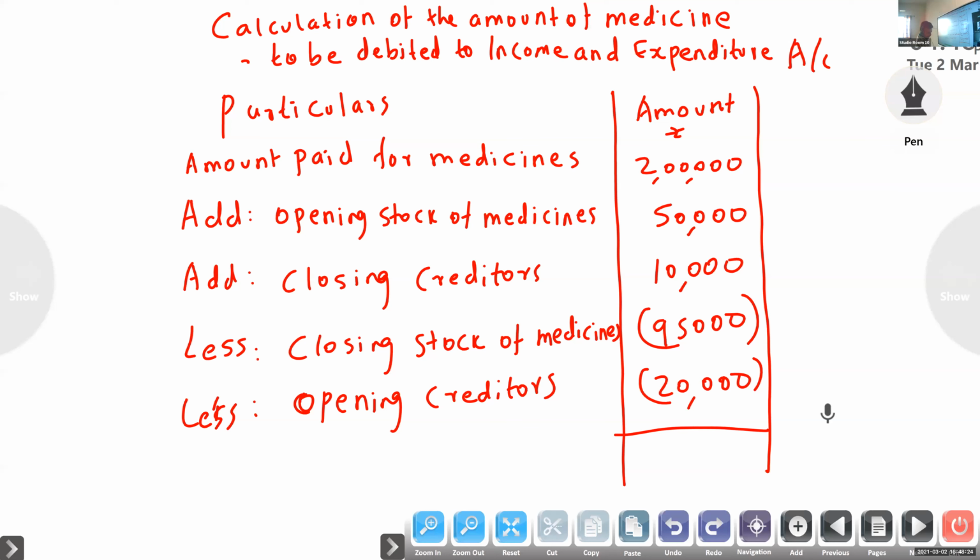Okay, this is only medicines consumed during the year. Medicines to be debited to income and expenditure. Medicines consumed, stationery consumed during the year. At least that you have to write.